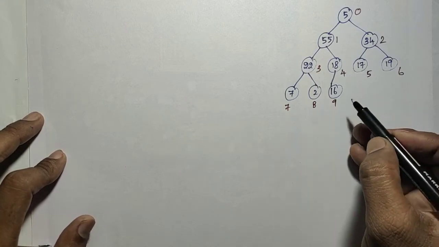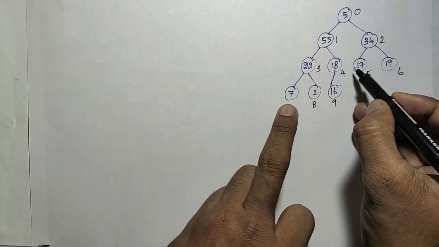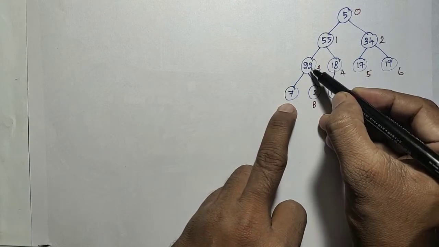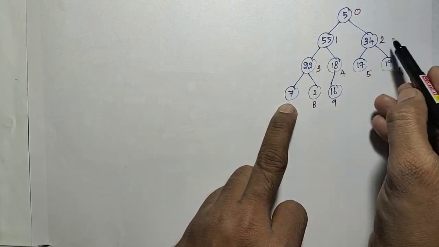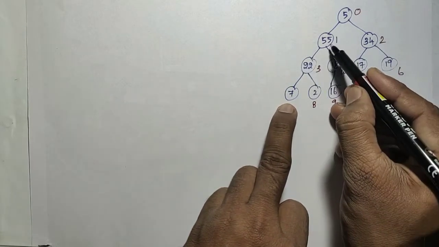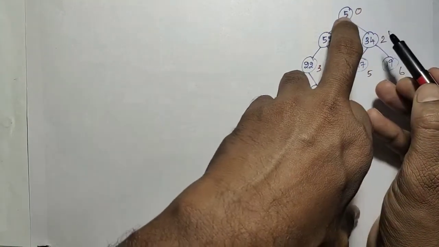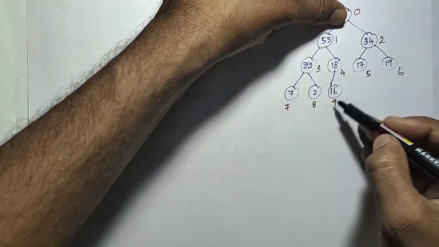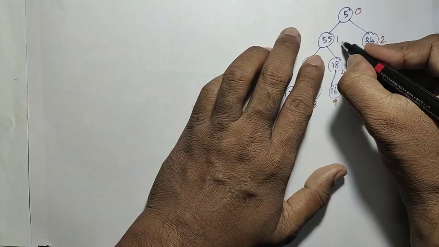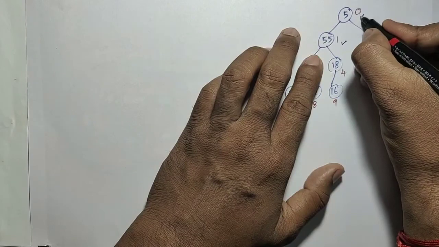When you verify the tree, whether it is a max heap or not: 17 is a leaf, 18 is a max heap, 22 is greater than this max heap, 34 is greater than this max heap, 55 is greater than this max heap, but 5 is not a max heap. So except for the 5, the left satisfies the heap property, and this right subtree is a heap. So 55 is a heap and 34 is a heap, and 5 is not a heap.